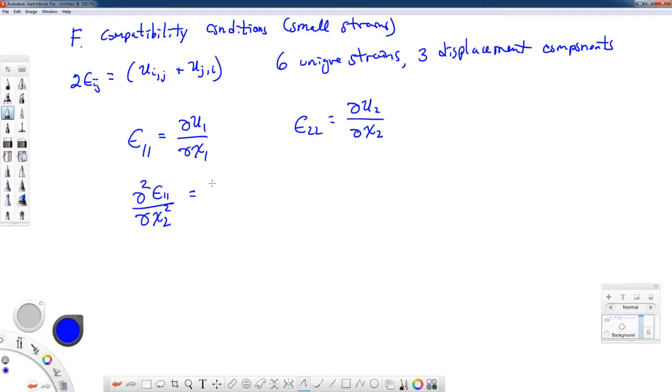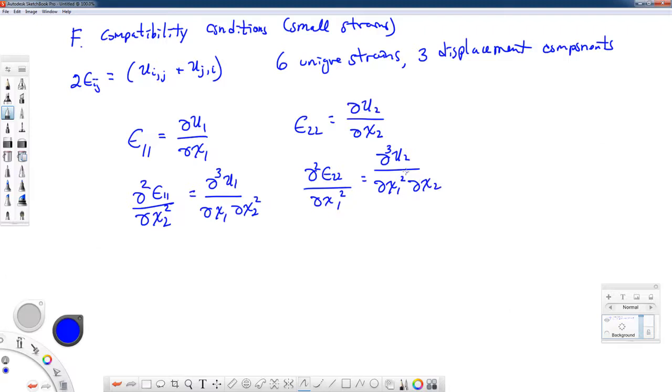So in this case we would get the third partial derivative of u1 with respect to x1 and x2 twice. And on this one we would get second partial of epsilon 2,2 with respect to x1 twice would be the third partial of u2 with respect to x1 twice and x2. Okay, let's keep that in mind for a moment.